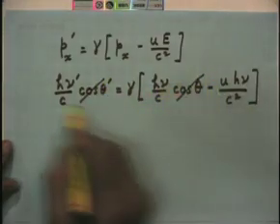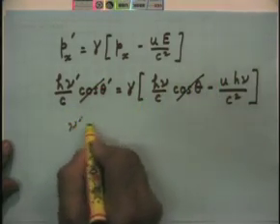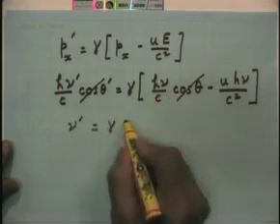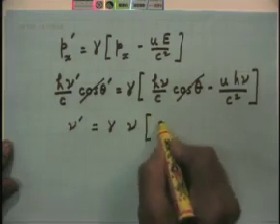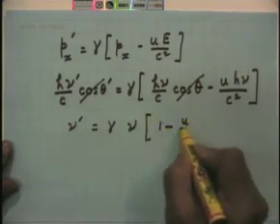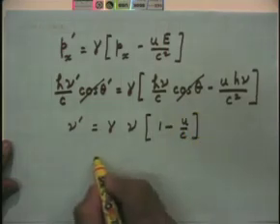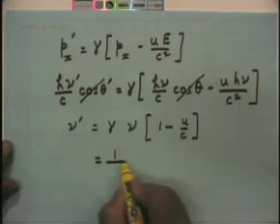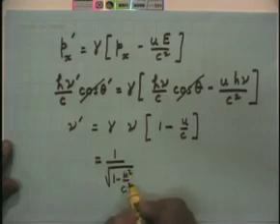So, h by c if I cancel out, so you get nu prime is equal to gamma. The nu also I take outside, so I will get 1 minus u by c. So, therefore, gamma is equal to, as you know, 1 minus u square by c square, that is the Lorentz factor.